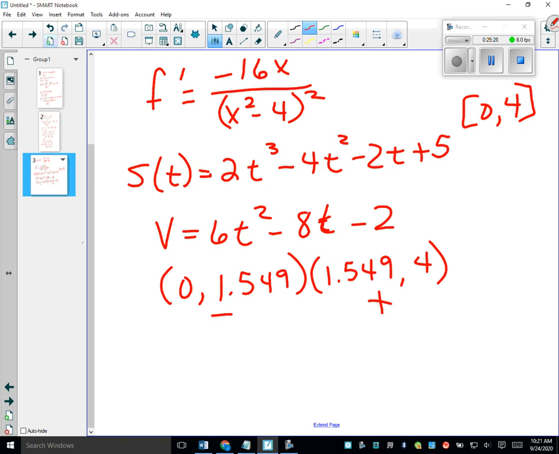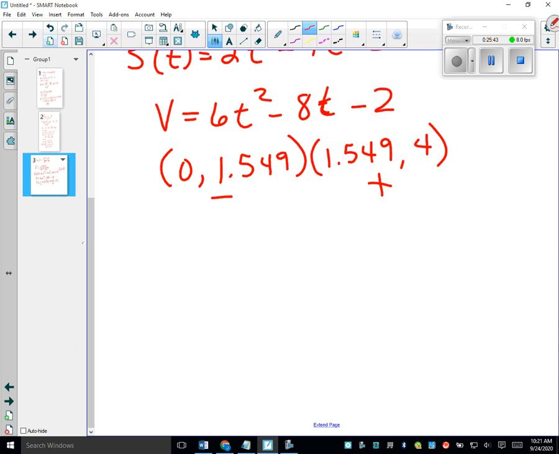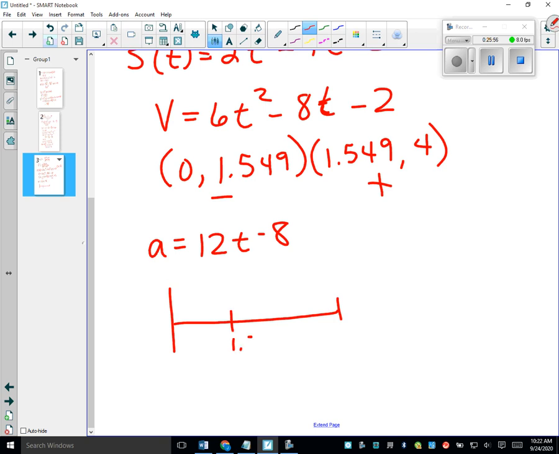So where's it going to the right? 1.549 to 4? Don't tell me where it's plus and minus. When is it speeding up? So what is acceleration? 12t minus 8, right? And they're both plus, so it's speeding up from 1.549 to 4, and then it slows down from 0 to 1.549.